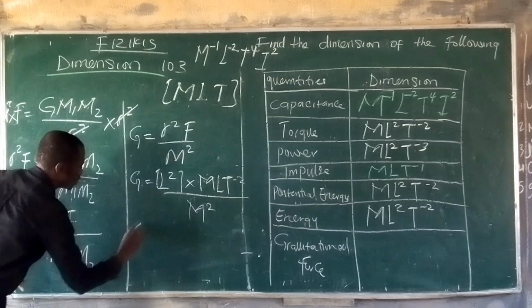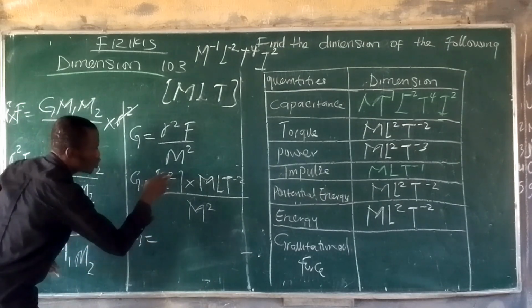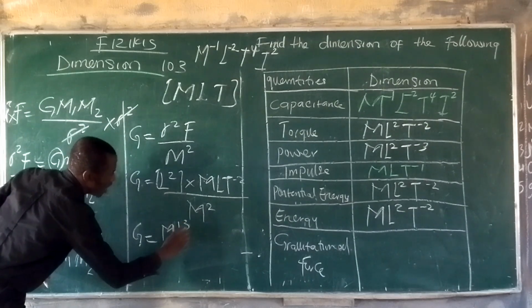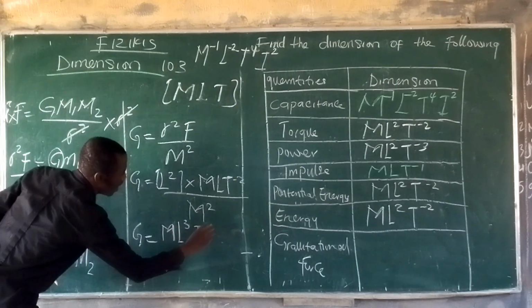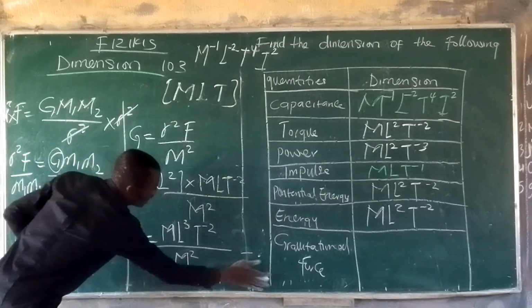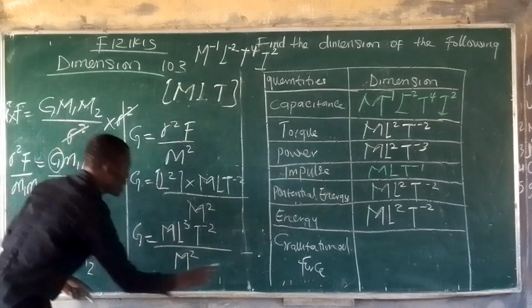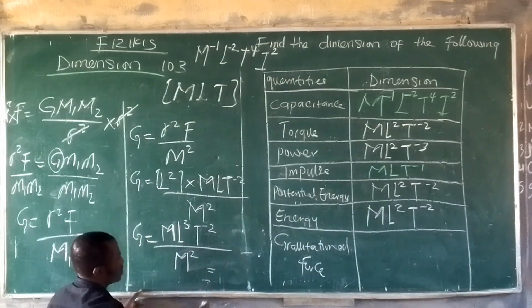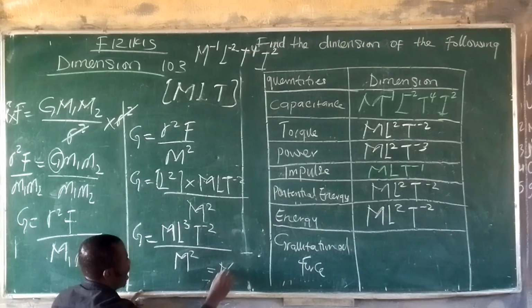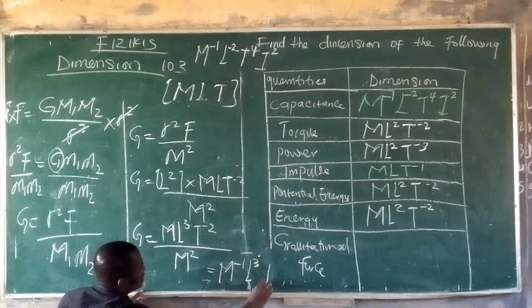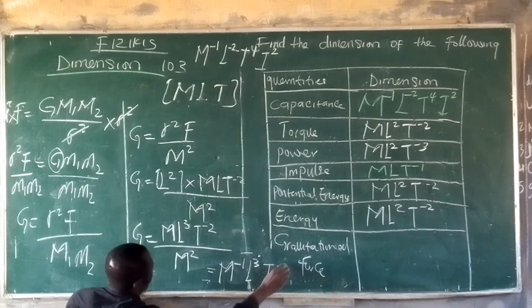Let me reduce this equation. 2 plus 1, that is 3, becomes m L^3 t^-2, divided by m^2. This will be equal to, 1 minus 2, that becomes minus 1, and L remains to the power of 3, and t remains to the power of minus 2.